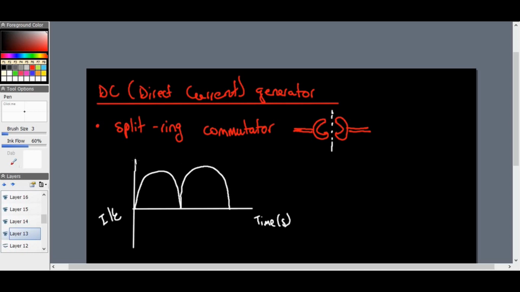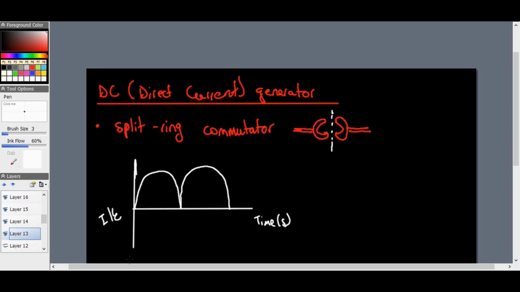It's direct. It won't alternate from positive to negative like in the AC. It'll just go on top all the time. So that is the difference.